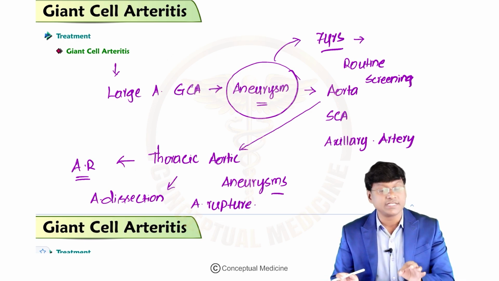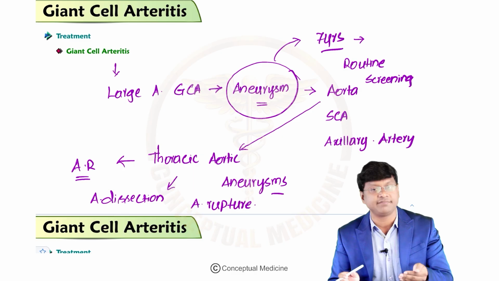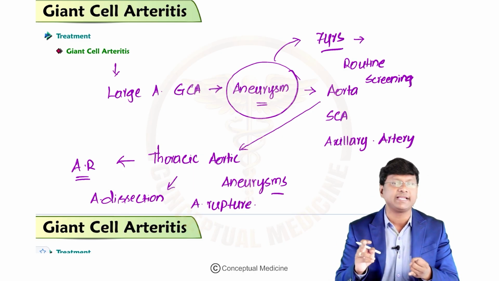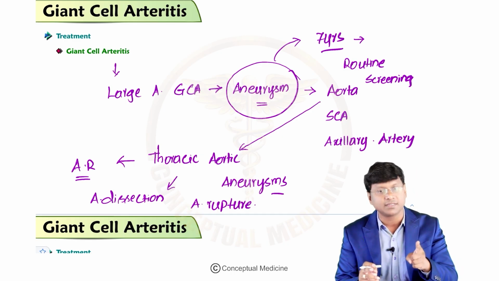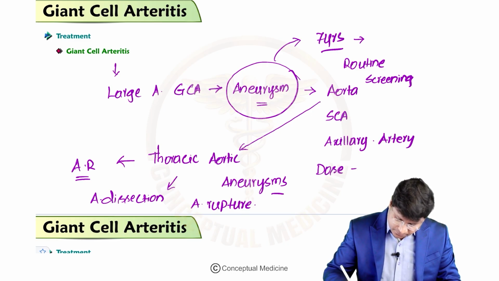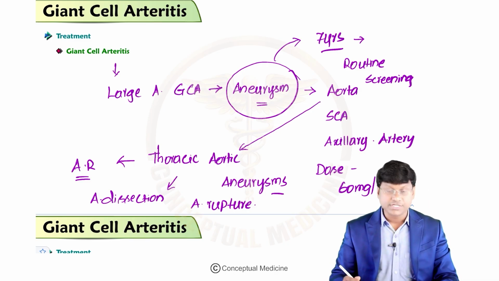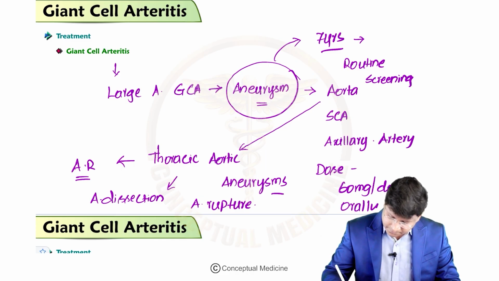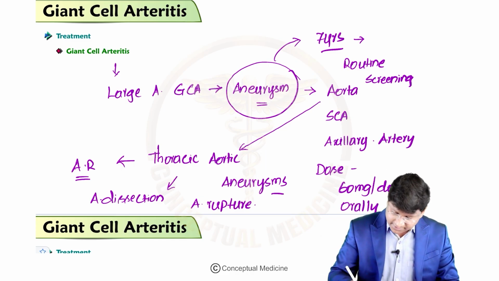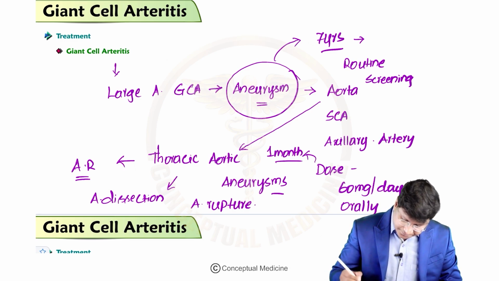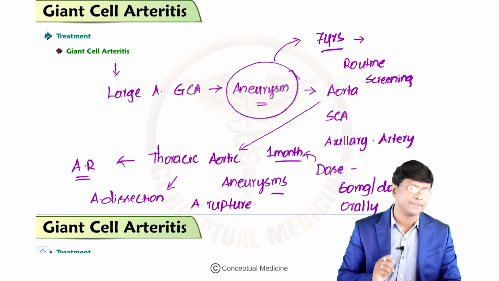And what is the dosage of prednisolone if the aneurysms have developed? Prednisolone should be continued at a dosage of 60 milligrams per day orally for about 1 month before tapering.